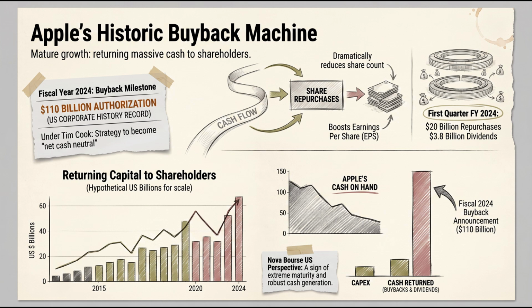In just the first quarter of fiscal 2024, they spent $20 billion repurchasing stock and paid $3.8 billion in dividends. Under Tim Cook, the company has pursued a goal of becoming net cash neutral, meaning their cash on hand roughly equals their total debt. This strategy has significantly reduced their total share count and boosted earnings per share, showing investors that Apple has more cash than it can productively reinvest.